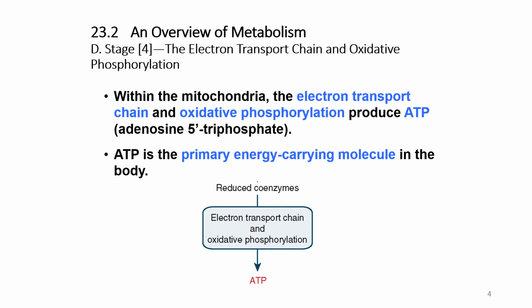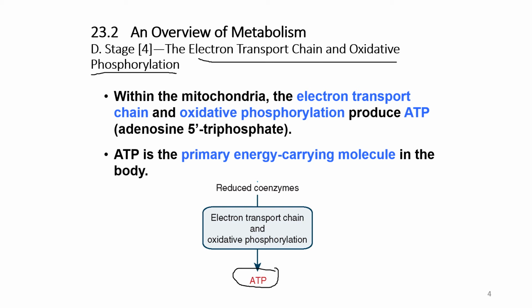Which brings us to stage four, which is the subsequent pathway, the electron transport chain, and oxidative phosphorylation. The ultimate product of this pathway is ATP, and this occurs in the mitochondria.